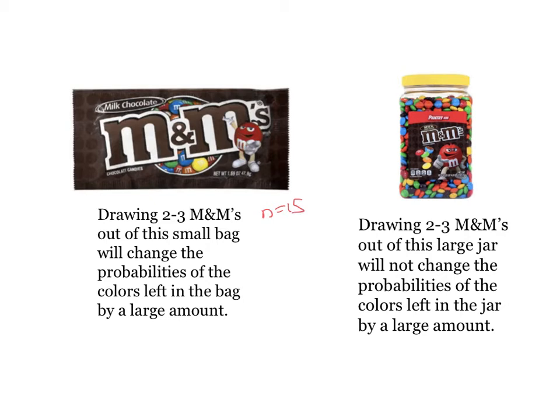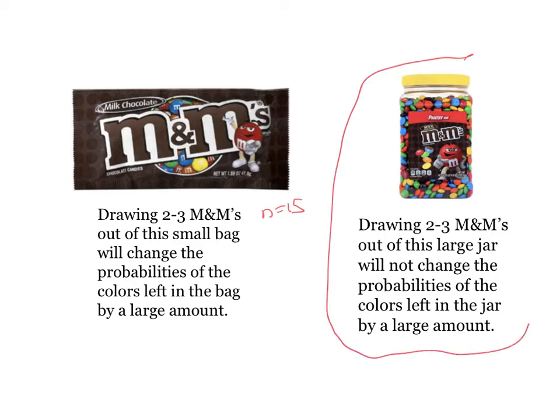Well, if I draw 2 or 3 M&Ms out of that bag, I significantly change the probabilities of the colors that are left inside the bag. Every draw out of that bag should have the same probability, let's say, of blue M&Ms. But if I choose a couple blue M&Ms out of that bag of only 15, I've really changed the probability of blue M&Ms in that bag, and I don't want to do that when we randomly sample.